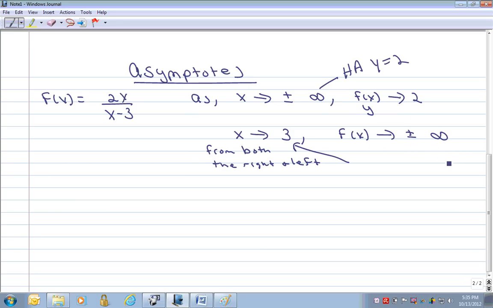So take a look at that. I would pause and really think on that. Those are some really big concepts that are going to help you later on. And that would create a vertical asymptote at x equals 3. All right, let's go on and take a look at a couple of other examples.